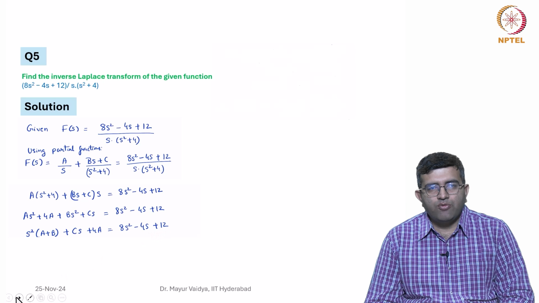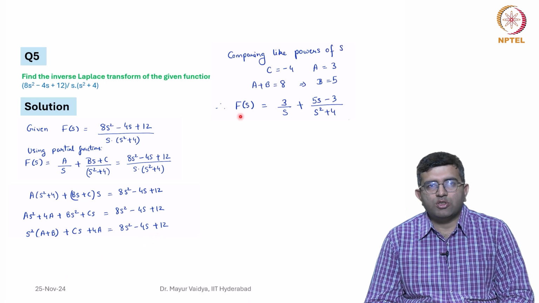Now, if we compare the like powers of s, it is very straightforward that C is equal to minus 4, and 4A is equal to 12, so A is equal to 3, and A plus B is equal to 8, so therefore B is equal to 5. So now, putting in the values, F of s is 3 by s plus 5s minus 3 by s square plus 4.